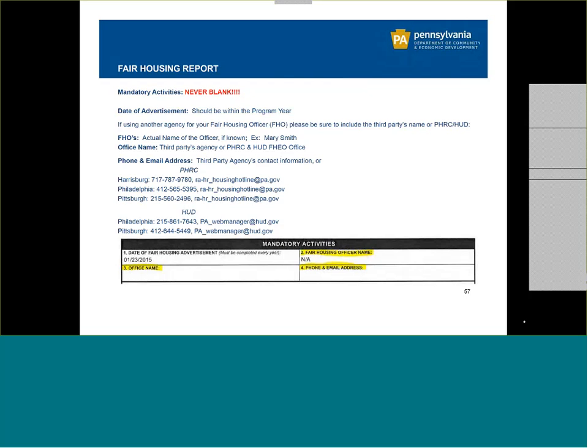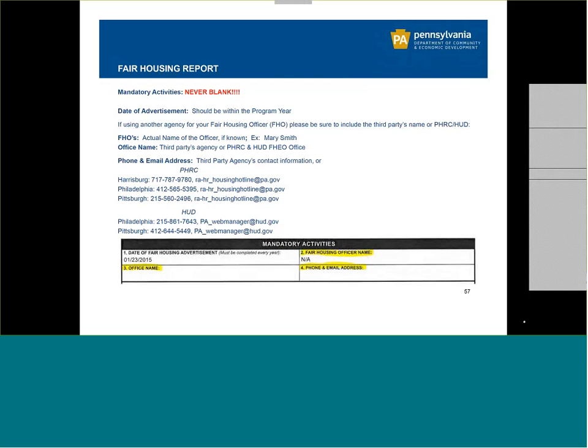If you have another agency that is your fair housing officer, you might have the housing authority, or you might have the redevelopment authority. Or if you are using the PHRC or HUD, you need to put the name of the person, number 2. Again, we see that NA, which we don't like. You need to have a name in there.